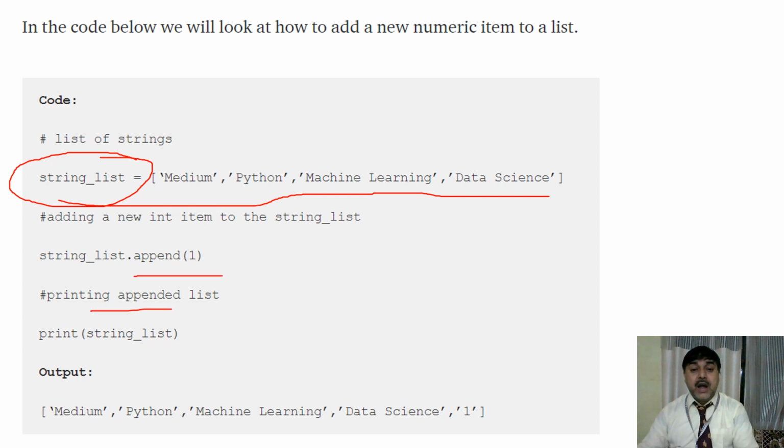So what are those values? They are all combinations of alphabets, that means alphabetic values. In these alphabetic values, I have added one numerical value. So at the end of the list, the numerical value has been added.